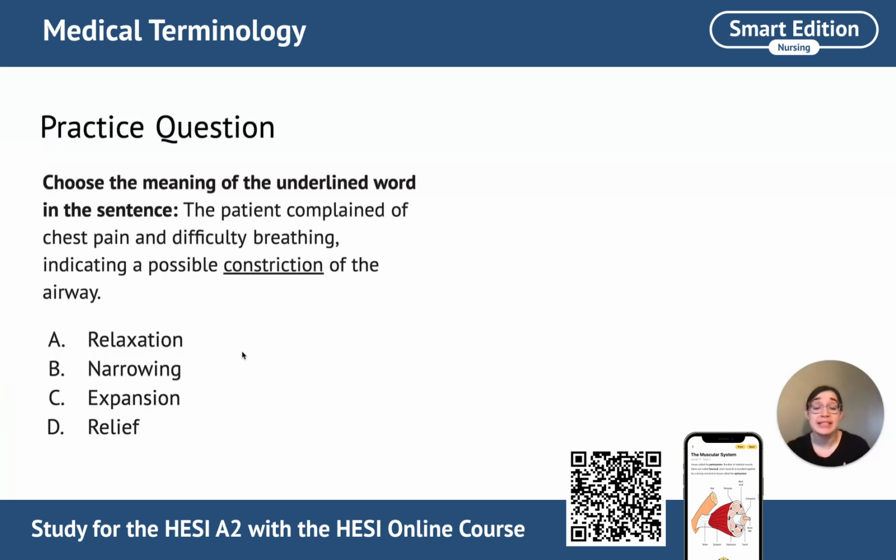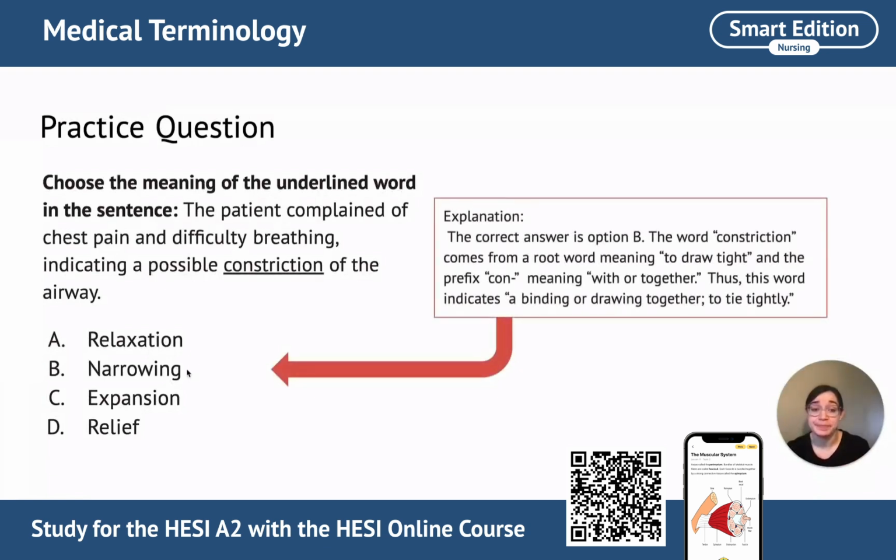So those mean that something serious is happening, something bad, something that needs to be addressed medically. And the only answer option out of our options here that makes sense in the context of the sentence is option B, narrowing, a narrowing of the airway.